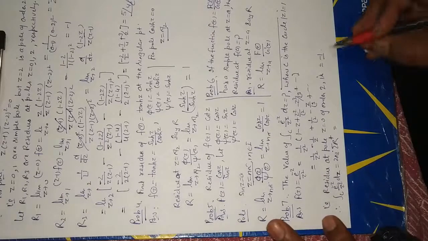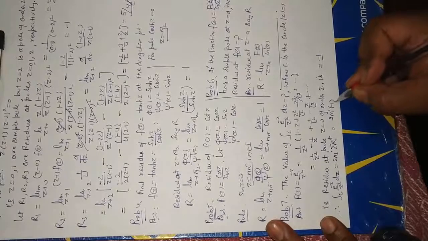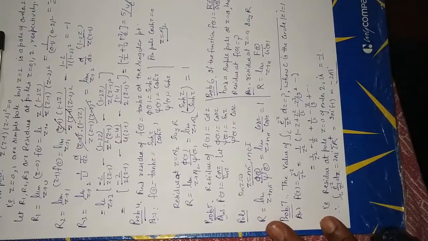Now the residue of this is equal to minus 1. Now 2 pi i into minus 1 is equal to minus 2 pi i, which is the correct answer. Okay.